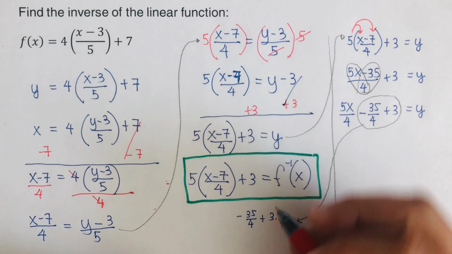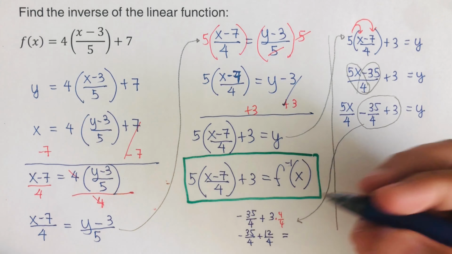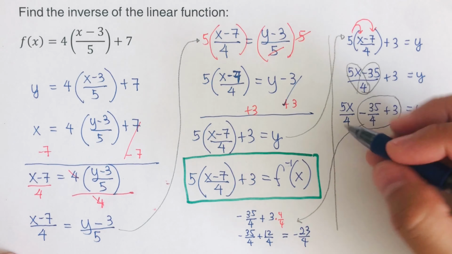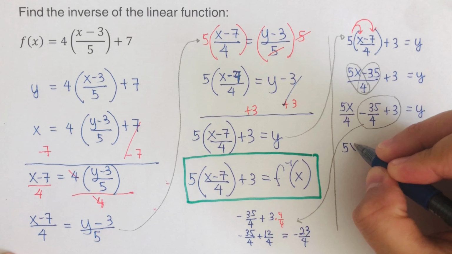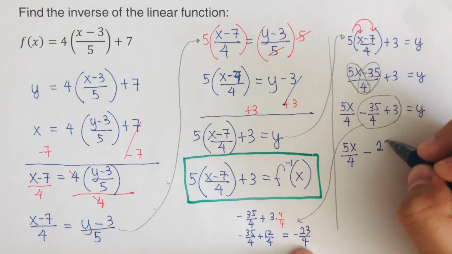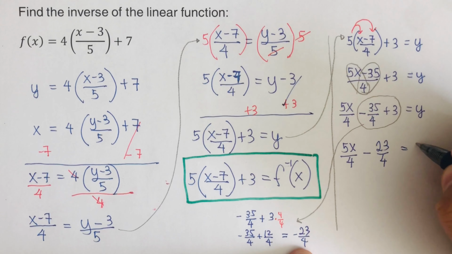So then we can come up with negative 35 over 4 plus 12 over 4, which is equal to negative 35 plus 12 is negative 23 over 4. So pretty much we can rewrite this as 5x over 4 minus 23 over 4 is equal to y.